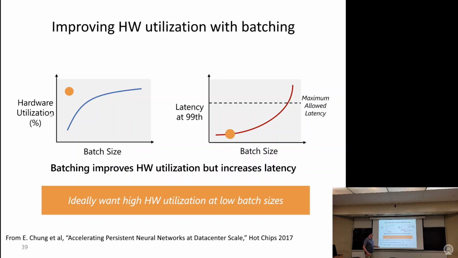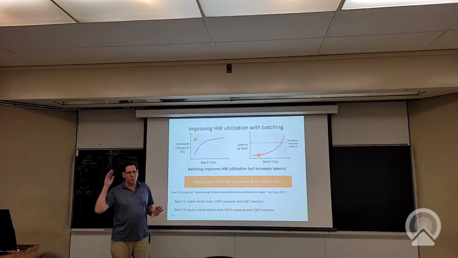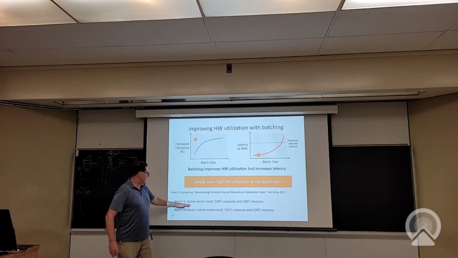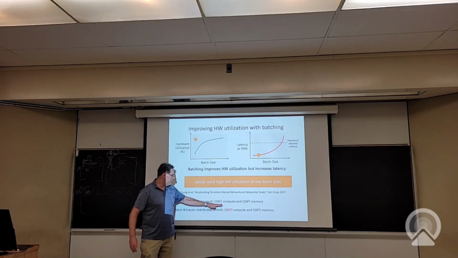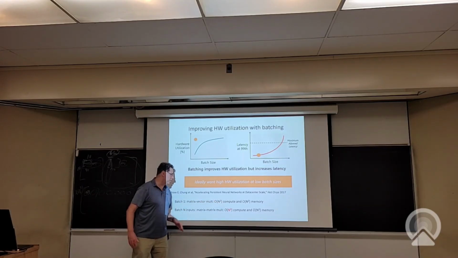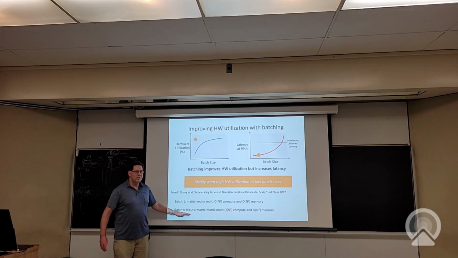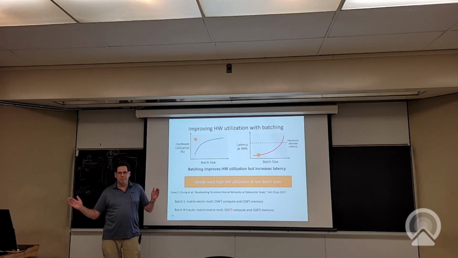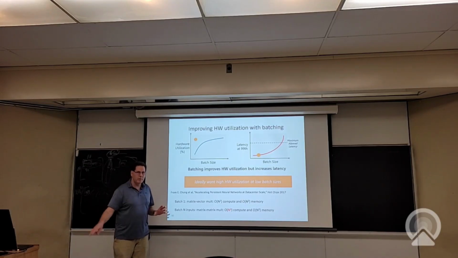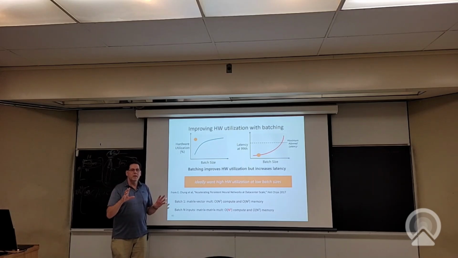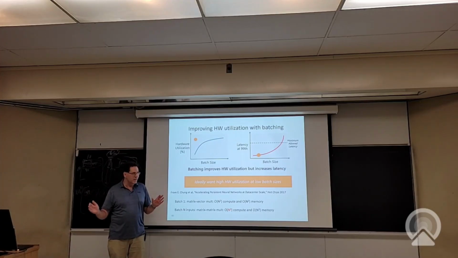If you're doing batch one, so a piece of data comes in, like one user comes in, or I'm going to generate one token and feed it back, except for CNNs I'm going to wind up being dominated by matrix vector multiplications. So order n squared compute and order n squared memory. If I batched up n inputs, so let's say a big transformer, I batch up 8,000 requests, and then I send them through that autoregressive phase. Even though each of them is getting only one new token, there are 8,000 of them that I've sent in at once.